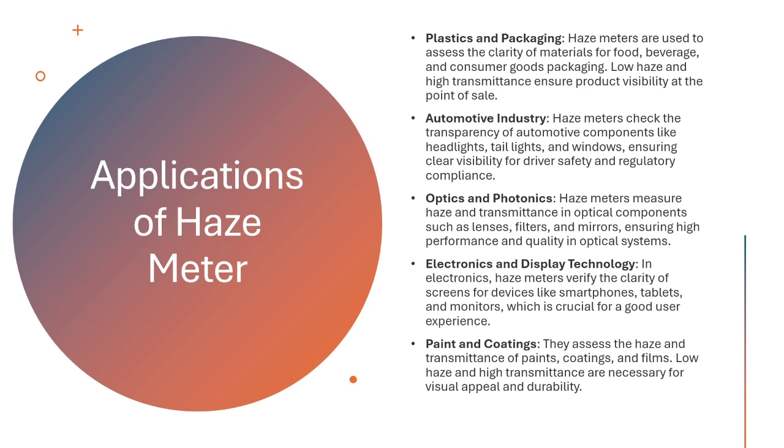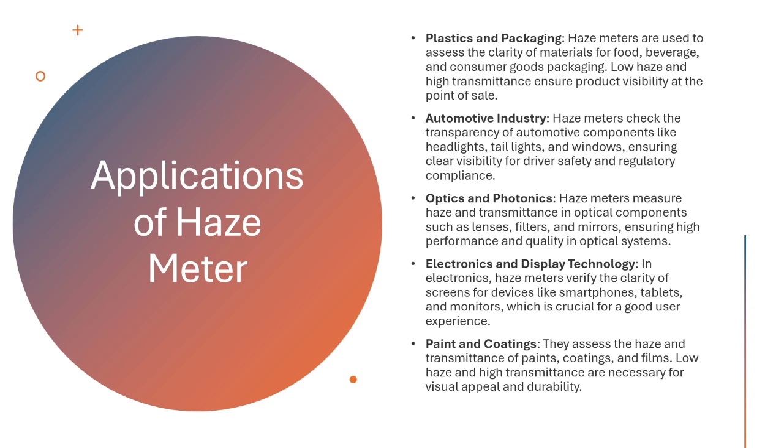Also the automotive industry, such as headlights, taillights, and windows, ensures clear visibility for driver safety and regulatory compliance. Various optical and photonic products such as lenses, filters, space equipment, etc. use advanced optical systems which need to be properly tested with the haze meter.